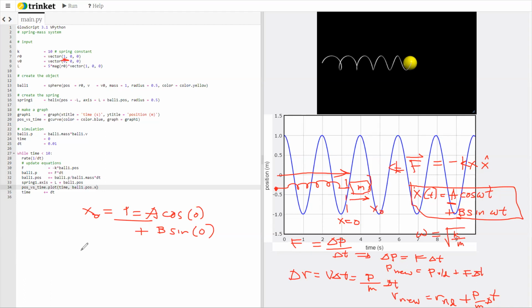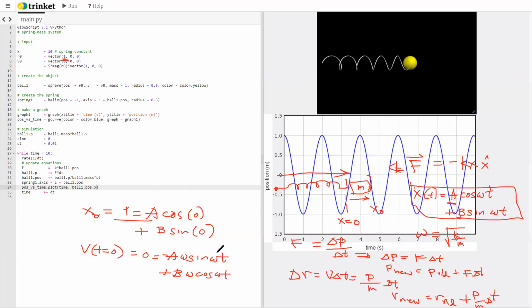So for the velocity, v at t equals 0 is 0. If you take the derivative of x, you will have a omega negative sine omega t plus b omega cosine omega t.